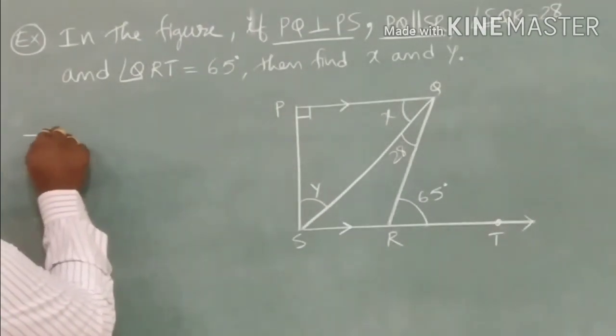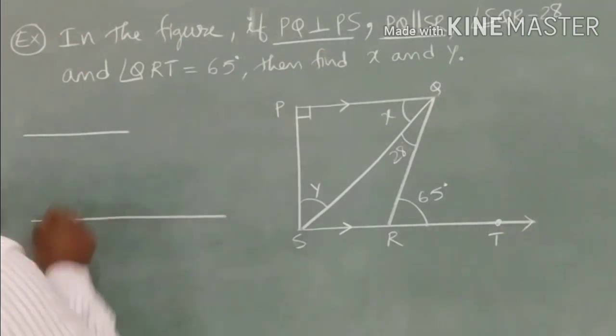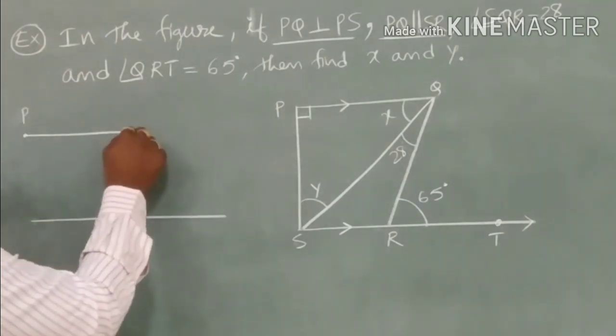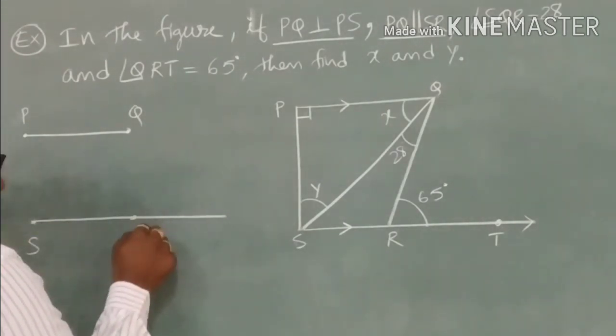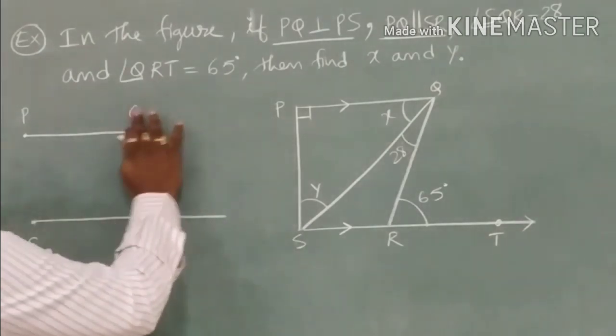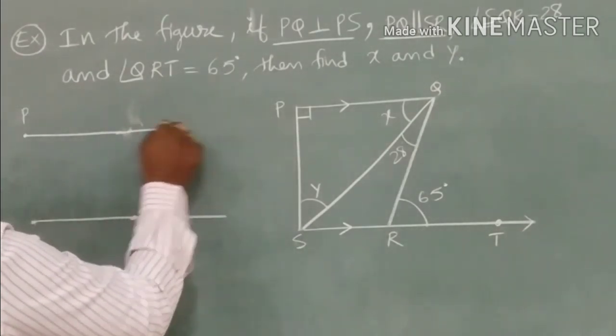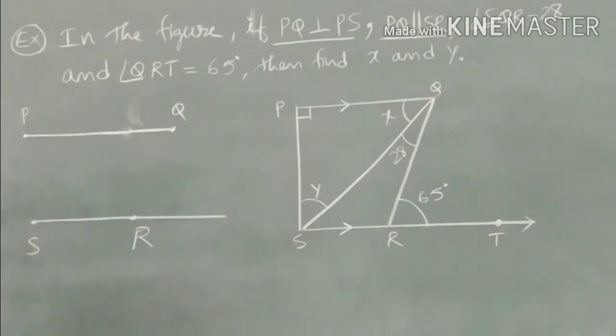I am separating the diagram. This is PQ and this is SR. PQ is parallel to SR. These two lines are parallel.